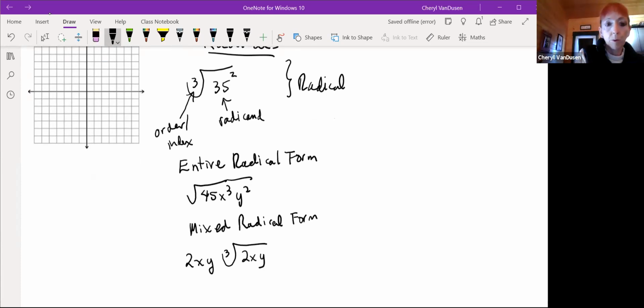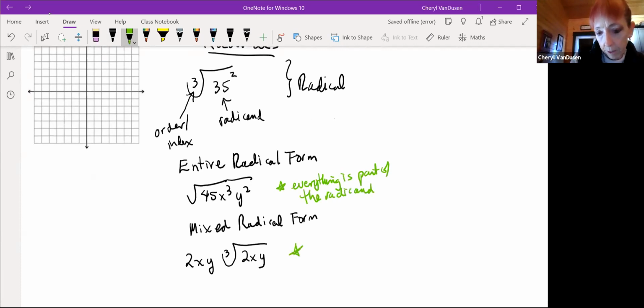Okay, so if we want, again, a little bit more notes here. So here, everything is part of the radicand. And here we have a numerical, or actually not necessarily a numerical coefficient. We'll say a coefficient because there's letters there.